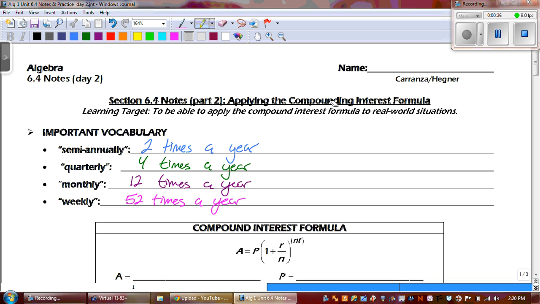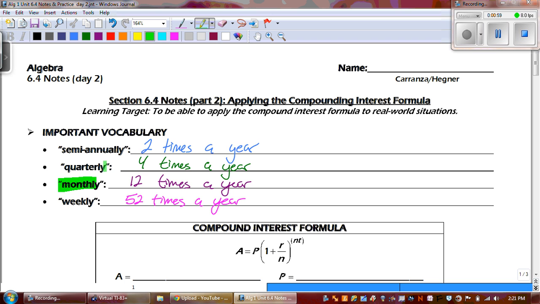Okay, first is semi-annually. Semi-annually means 2 times a year. Quarterly, if you think of your root words, quarts. Also, for some of you Spanish speakers, cuatro. Okay, 4 times. Next, monthly.